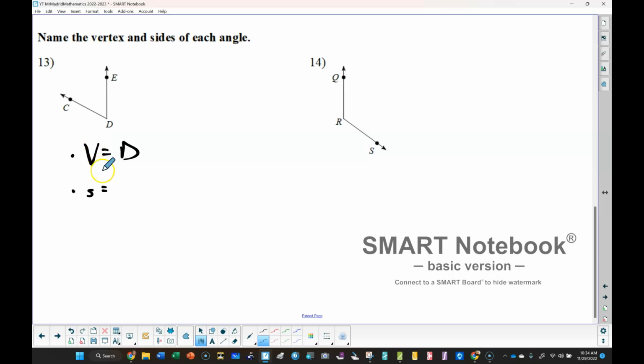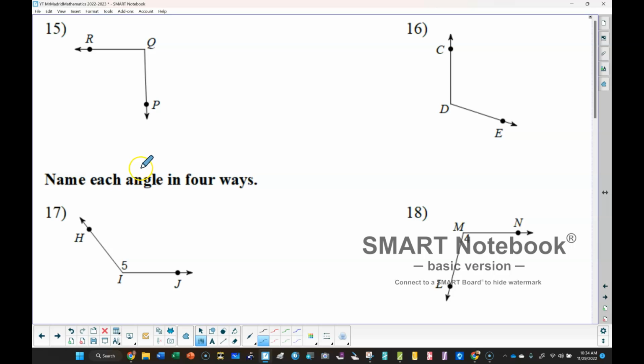What are the sides? We have DC, and it's a ray just like that. What's the other one? DE, another ray like that. You guys will be flying through these, which is a good thing.